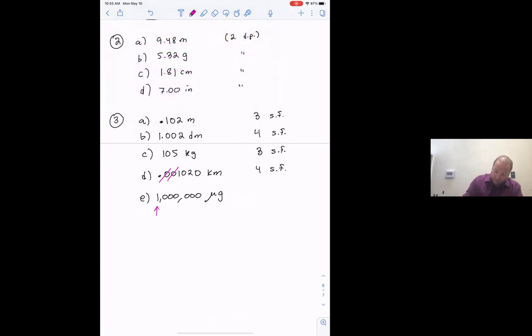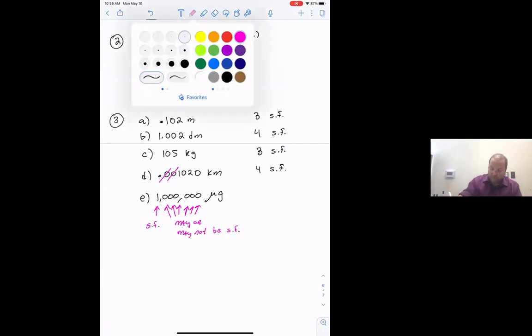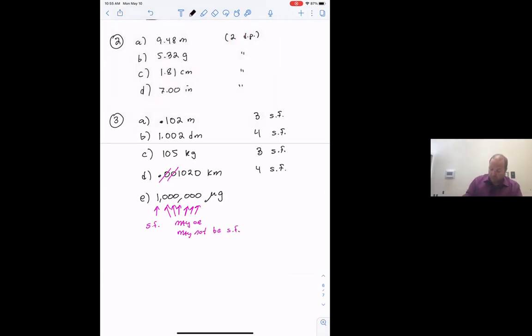This one is certainly a significant figure, but these 6 zeros may or may not be significant figures. So the answer to this question is 1, 2, 3, 4, 5, 6, or 7 significant figures.